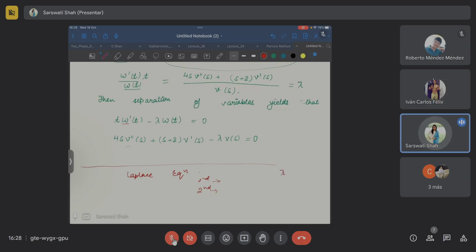And we were using the Sturm-Liouville theorem. But here, this equation has a first order derivative and this equation has the second order derivative. So somehow we are able to write it in the form of separation of variables, but it is a little bit more difficult than the Laplace case, isn't it?